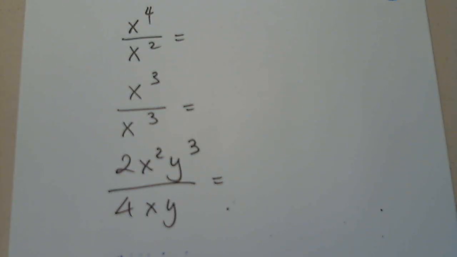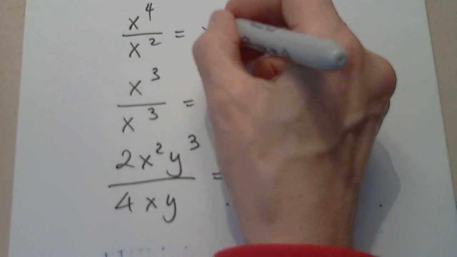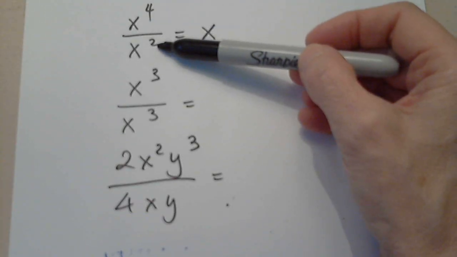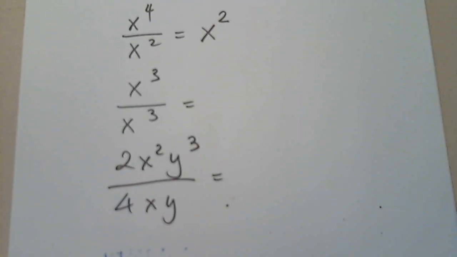Can anyone give us the first one? Would be x squared. Yes. Copy the base and subtract. Always in this order. From 4, I subtract 2 and I get 2. Good.